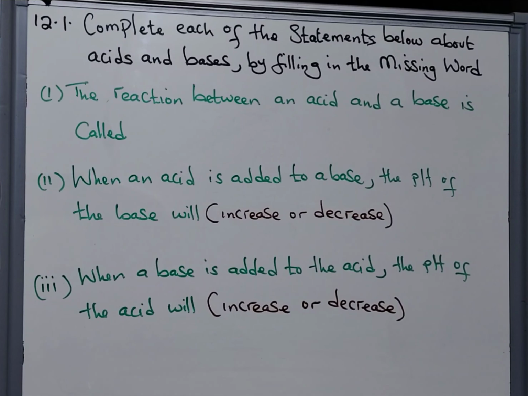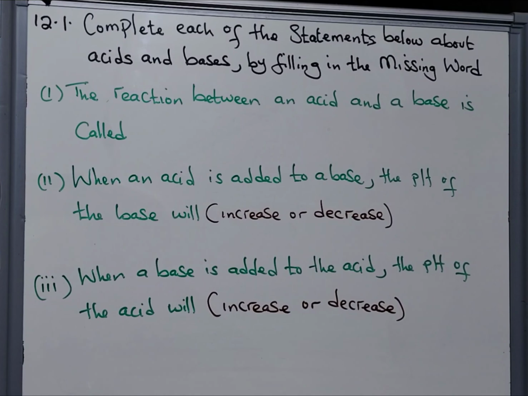Okay. Then we come to this number 2. When an acid is added to a base, the pH of the base will... Okay, you have to know that a base has a higher pH number, above 7.